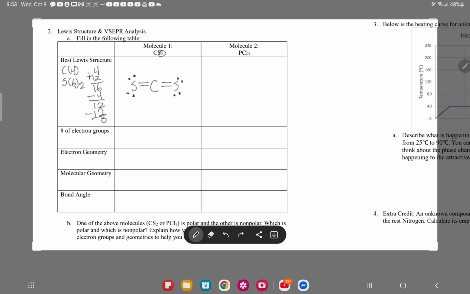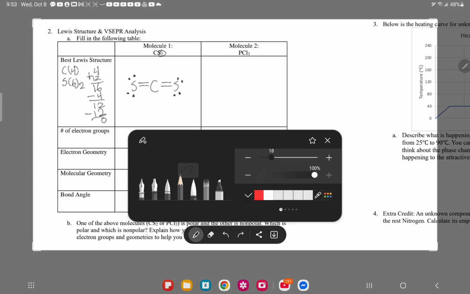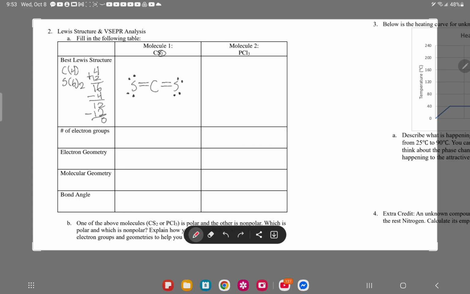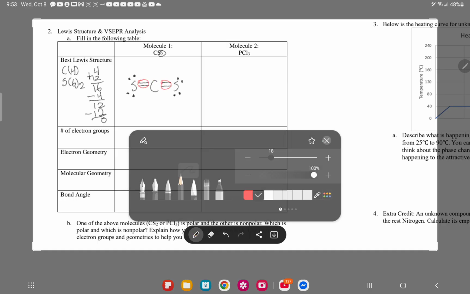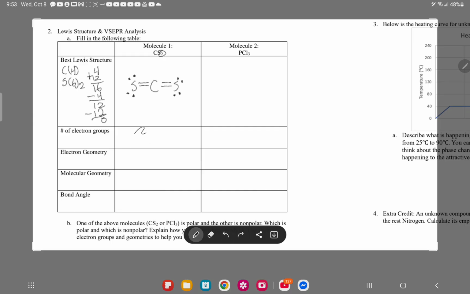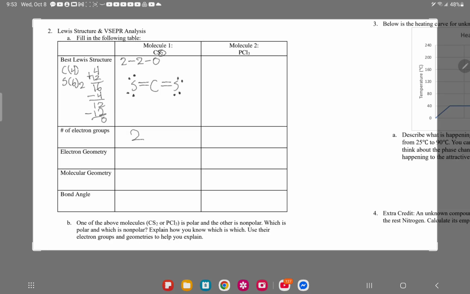Alright, one thing to count is the electron groups. So if we count them, we have 1, 2 electron groups. Alright, so we have 2 electron groups. We have 2 bonding pairs, and we don't have any lone pairs.